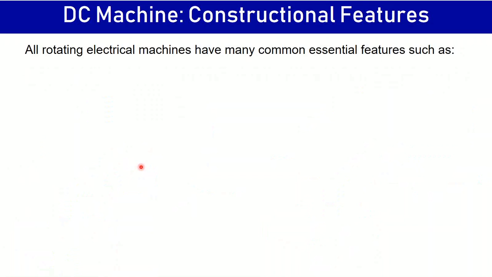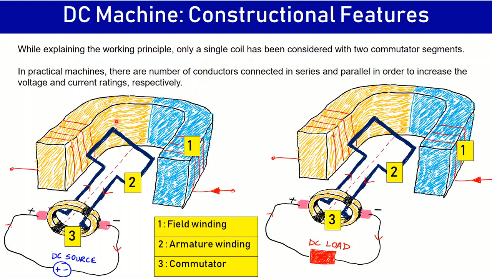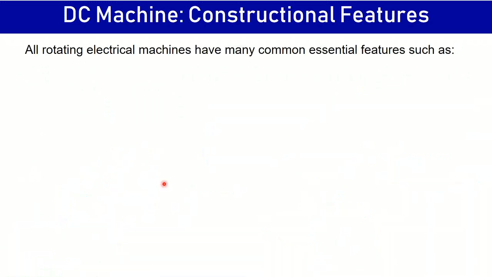So, coming to the constructional features, all rotating machines have many common essential features, such as a stationary member which is known as a stator. Like we saw here, this magnet, this field winding, and the brushes are all stationary, so they form part of the stator.